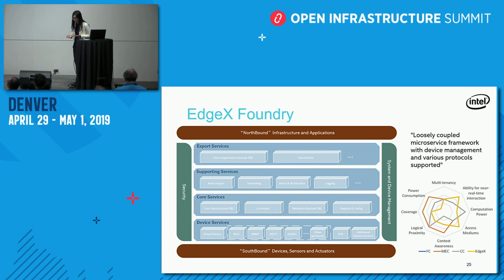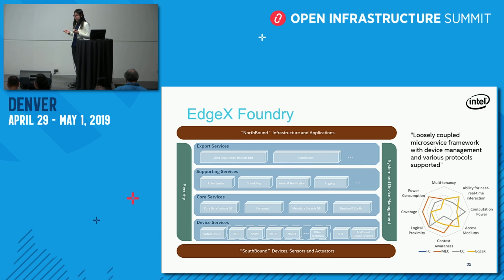Like what I said, the figure here shows that it has the multi-tenancy ability, and it has less power consumption since it can be run inside gateways and routers, and there are true use cases.